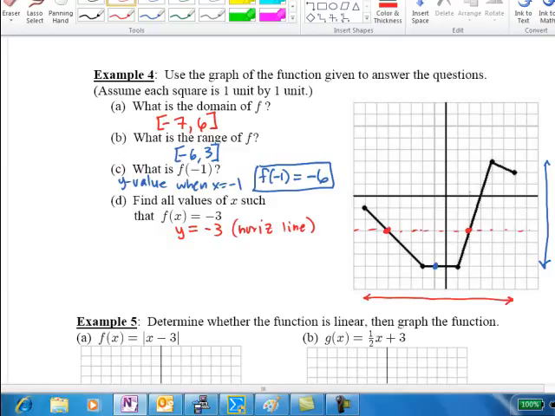It looks like x equals 2 would be one of the values, and -5 for the other. So x equals -5 and x equals 2 would be the x's for which f of x is -3, right? Because f of 2 is -3 and f of -5 is also -3.